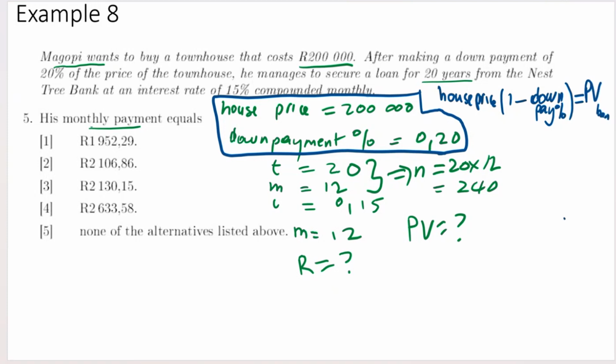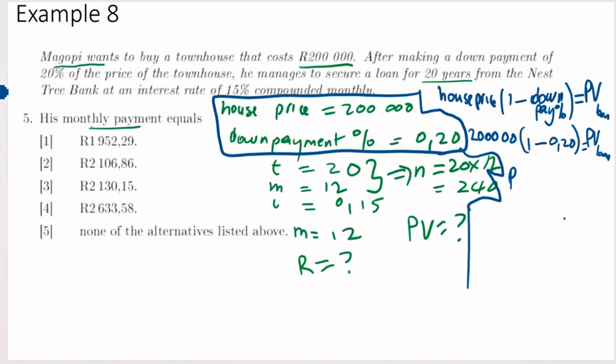We know our house price is 200,000, times 1 minus the down payment percentage, which is 0.20, equal to PV loan.